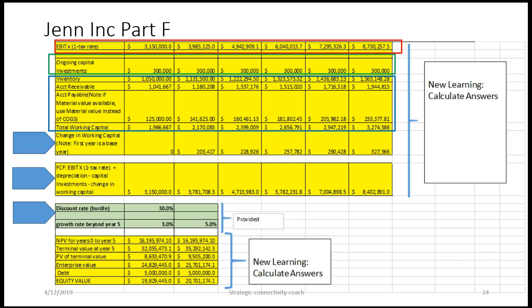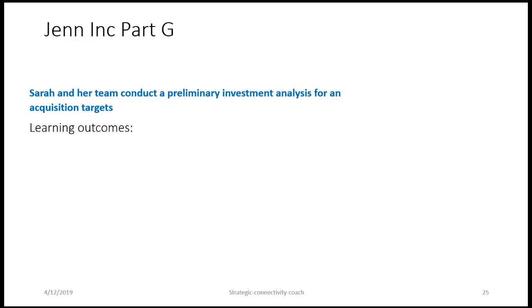After that, you used the discount rate in the replication exercise. We gave you the hurdle rate of 30%, the growth rate of 3%, and another case to run the same thing with a growth rate of 5%. So you calculated the enterprise value and the equity value, and that was the learning from this particular case. Now we get to the last one.